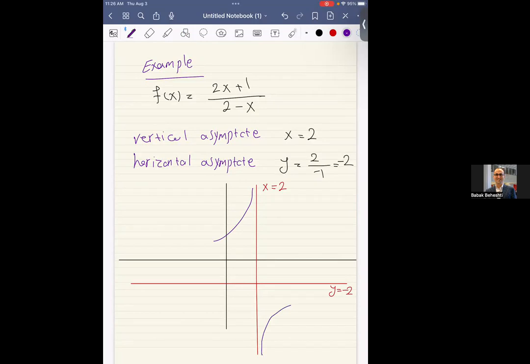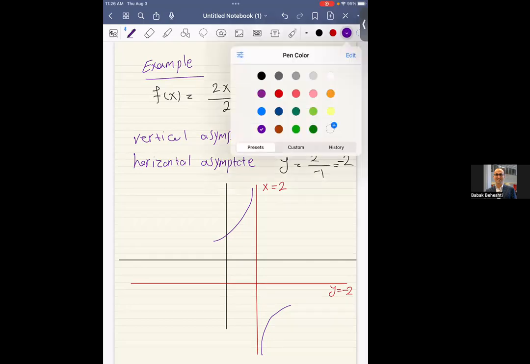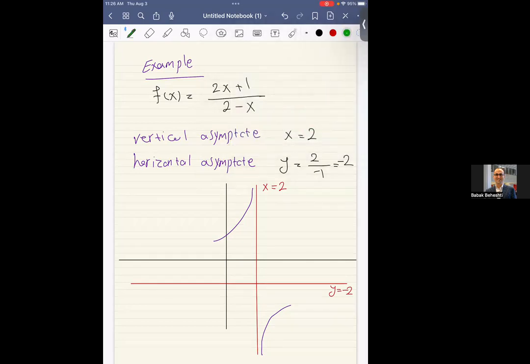It's either like this, or, let me draw with another color, it could be like the green one. So it's either like the purple or the green. So which one do we have for this function?